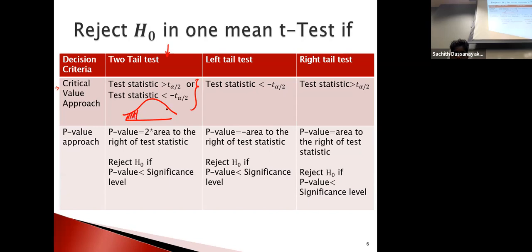Something like this. Okay. This is not the Z distribution. This is a T distribution. Whatever I have colored here is your rejection region. So if your test statistic is somewhere here or somewhere here, you have to reject it.